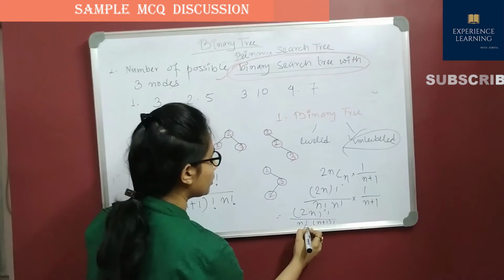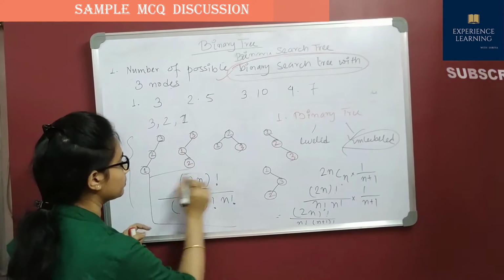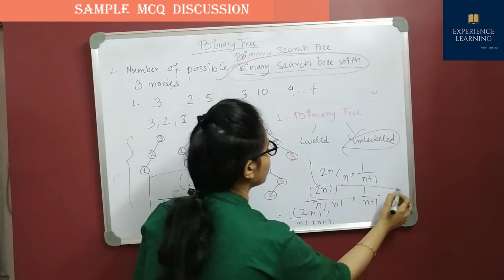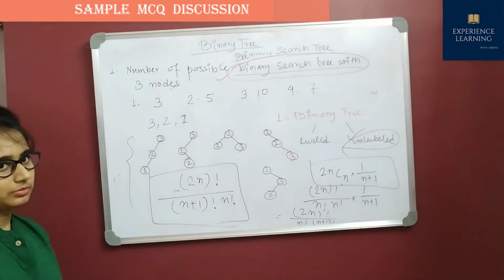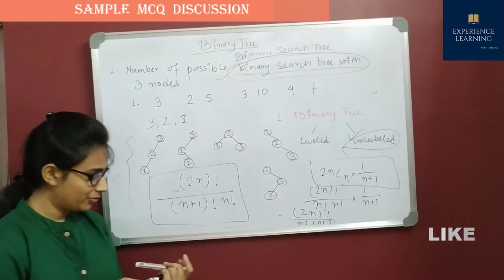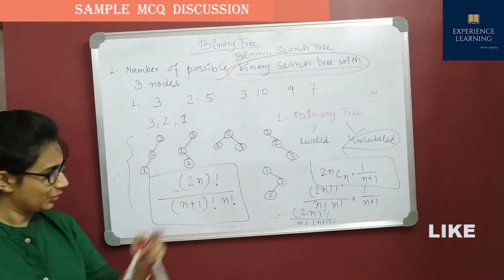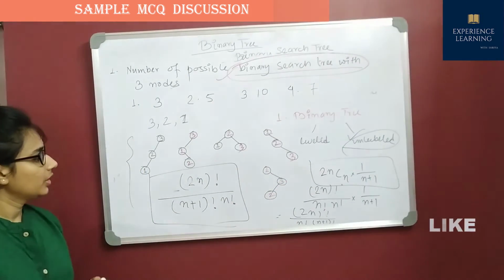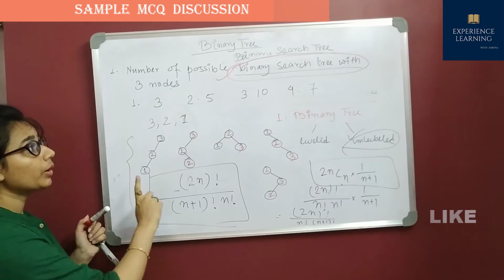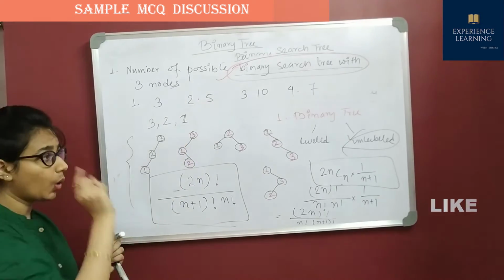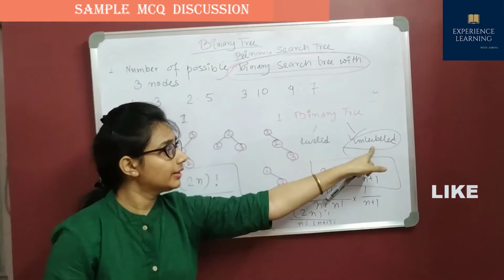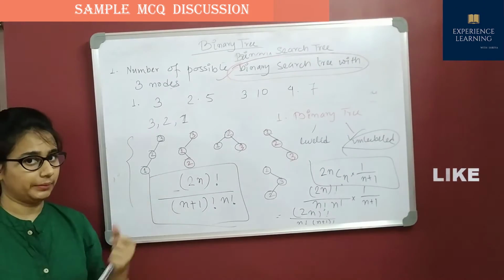So either you can remember this one or you can remember this one, whatever you want. I actually feel good remembering this one. So for a binary search tree or binary tree unleveled, the formula is okay.